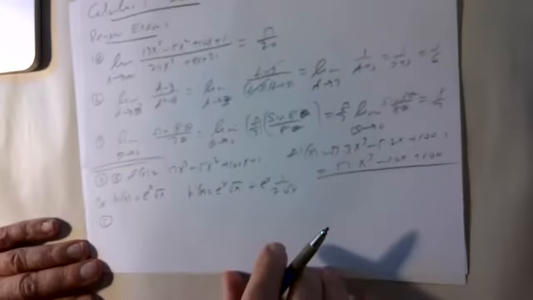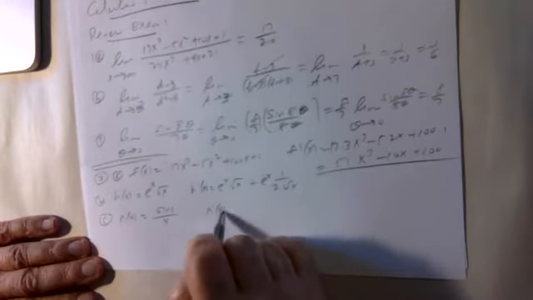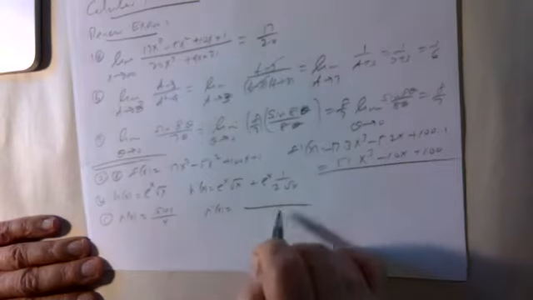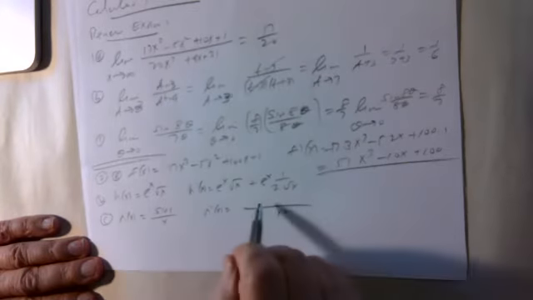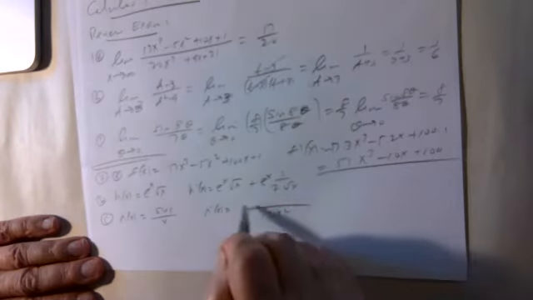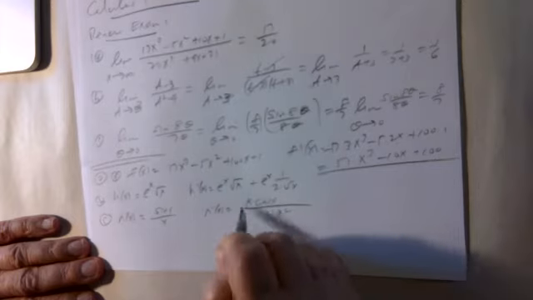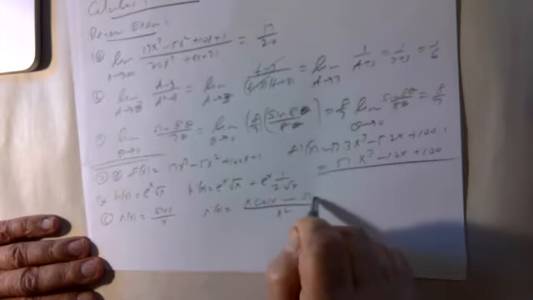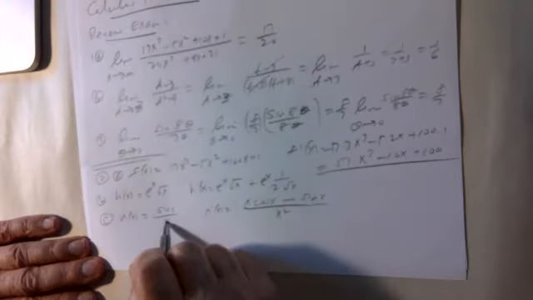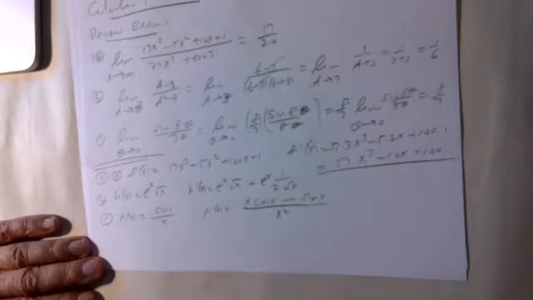C is the quotient rule. R of x is a quotient of two functions, sine x over x. So R prime of x, you take the denominator and you square it. And on top, you have the derivative of the numerator, which is cosine x times the denominator, minus the numerator times the derivative of the denominator, which is just 1. So that's the answer.